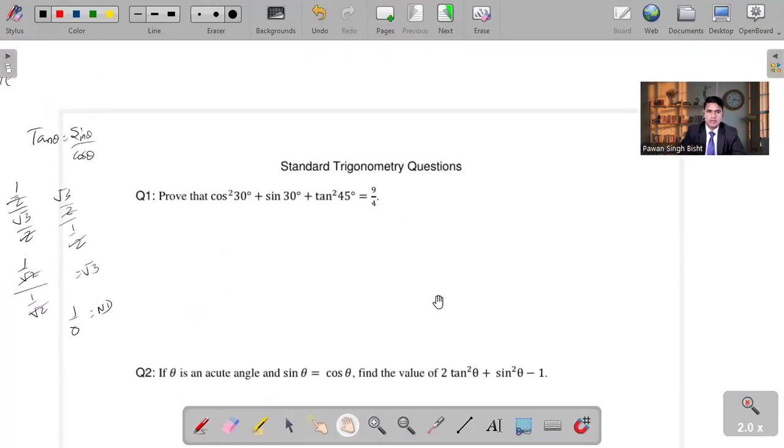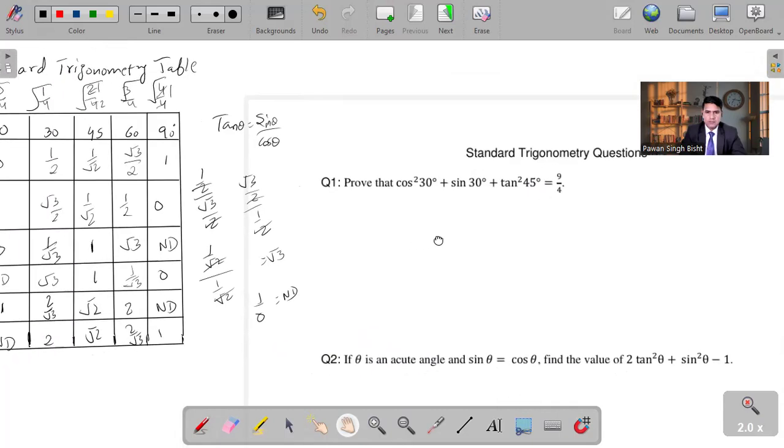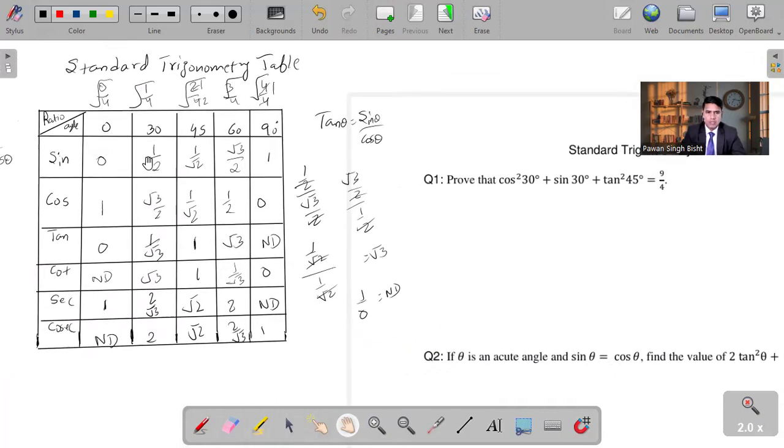Let's start with question number 1. Prove that cos square 30 plus sine 30 plus tan square 45 equals 9 over 4. You can see the values from the table. Cos 30 is root 3 upon 2, sine 30 is 1 upon 2 and tan 45 is 1. So I put these values here: root 3 upon 2 whole square plus 1 upon 2 plus 1.